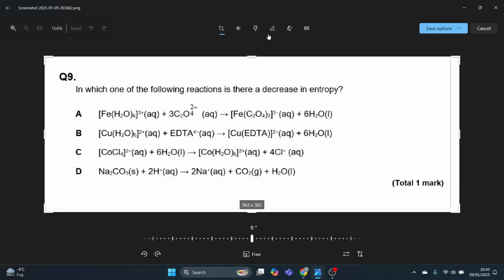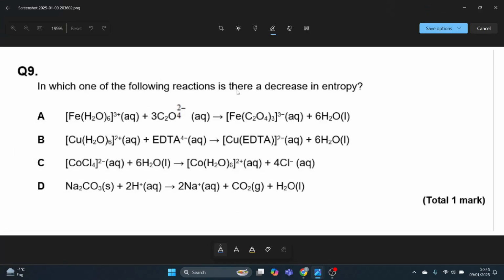Question 9. In which one of the following reactions is there a decrease in entropy? Okay, entropy. If it increases, there are more disordered particles, etc. So what we're going to have to do is count the number of moles. In part A, we go from 4, because we've got 3 here and 1 here, to 7. In part B, we go from 2 to 7.